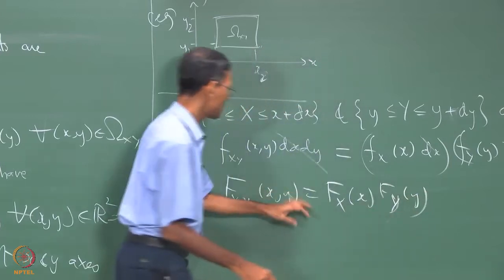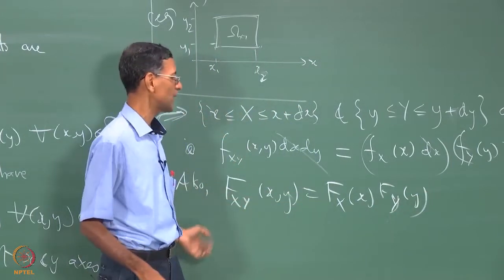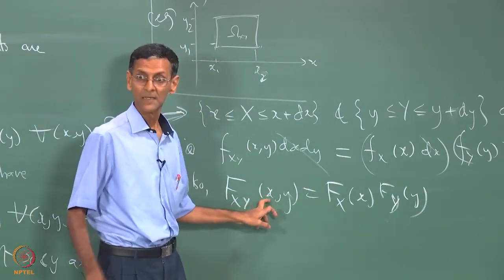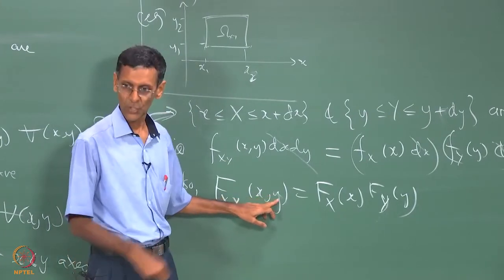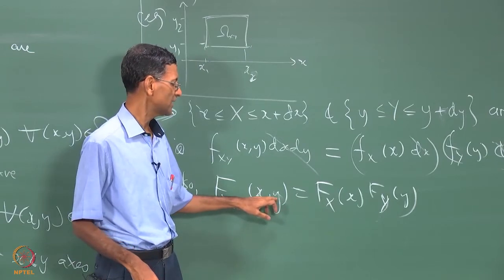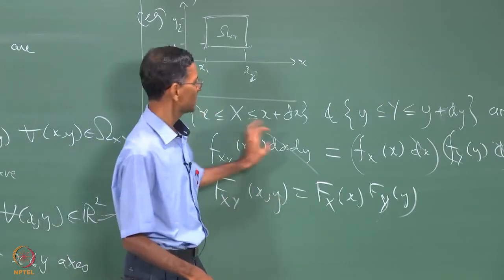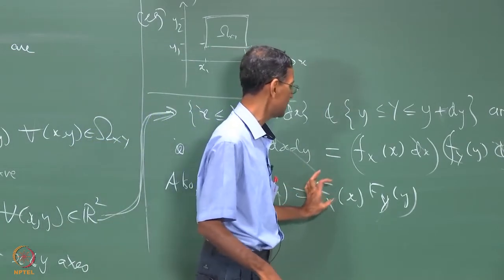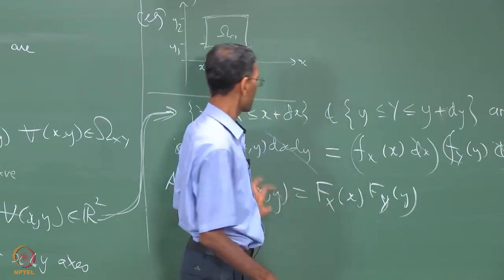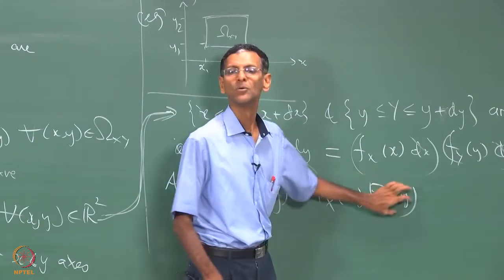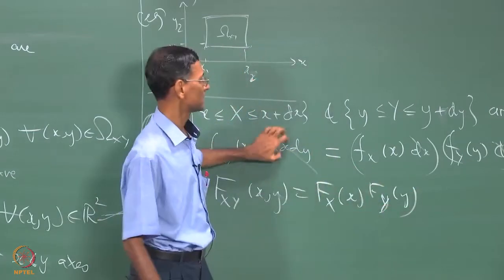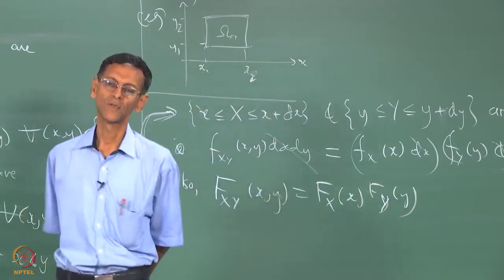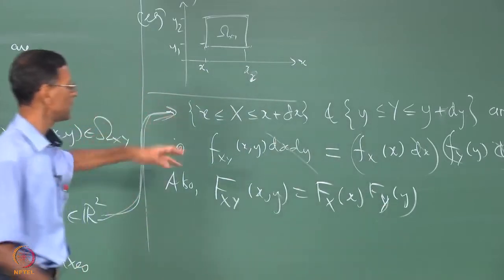Because this is the joint probability that capital X takes values not exceeding this number x here, and jointly Y takes values not exceeding small y. That event is a joint event, and its joint probability is a product of these two, right? P(AB) equals P(A) into P(B), just like here.